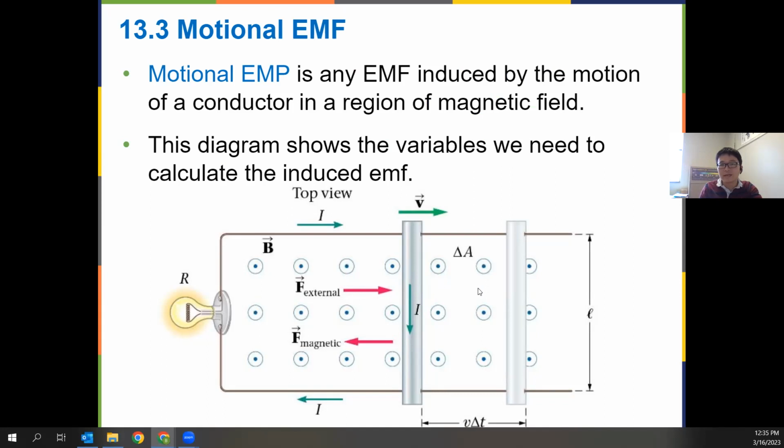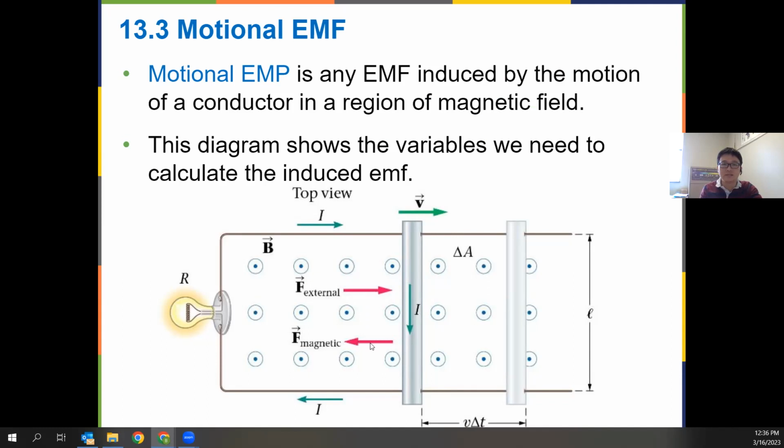So you are moving this rod to the right, that means you exert an external force on it, but at this time, because there's an induced current, there will be a magnetic force opposed to the external force, right? So assuming this force is a constant force, then V will be increasing, the EMF will be increasing, the current will be increasing, but at one point the magnetic force will be equal to the external force.